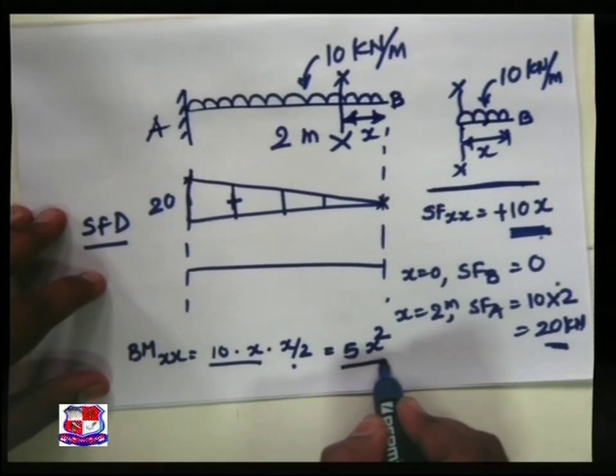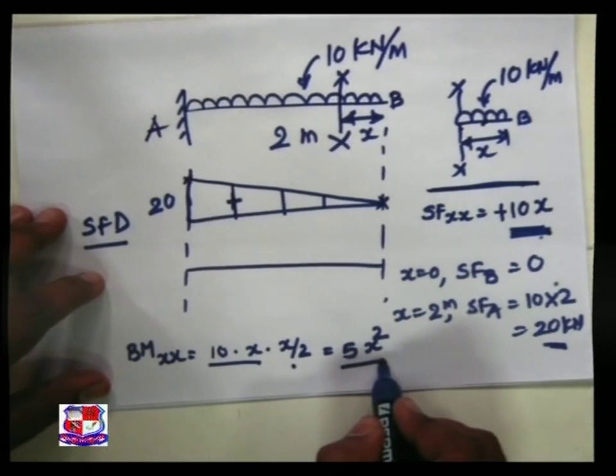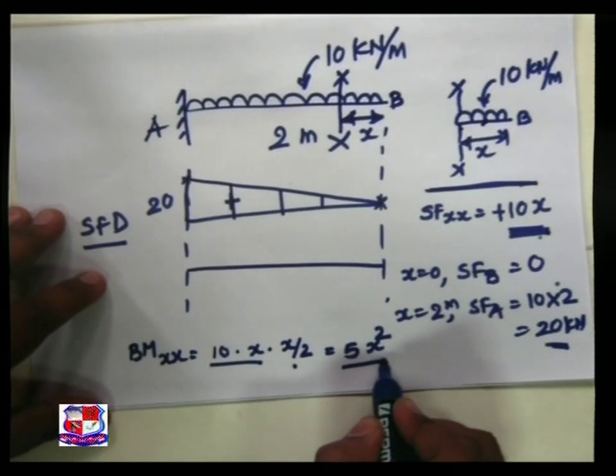The variation is of parabolic nature. That is a very interesting point.